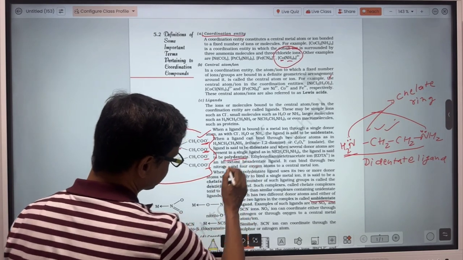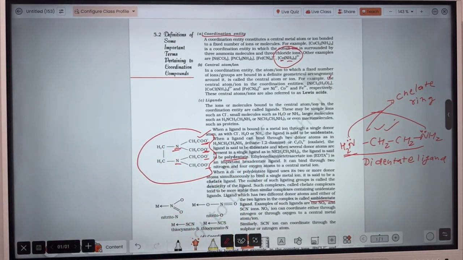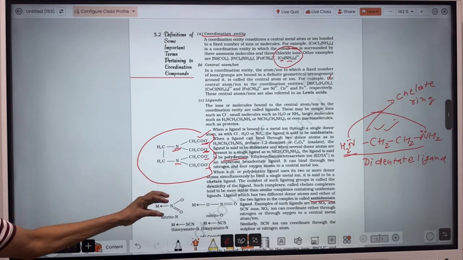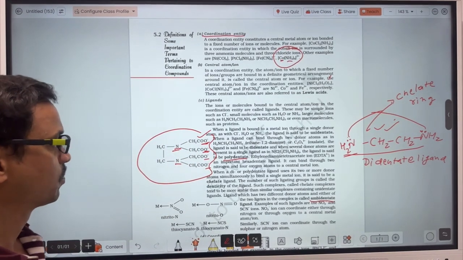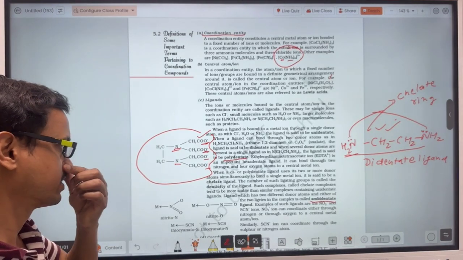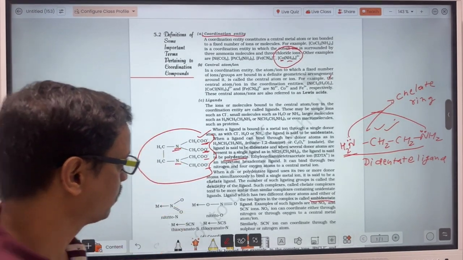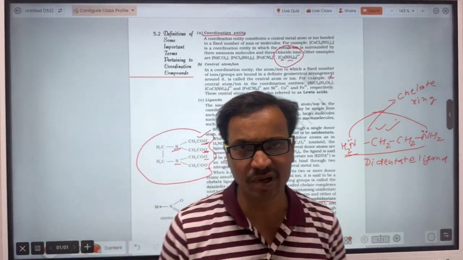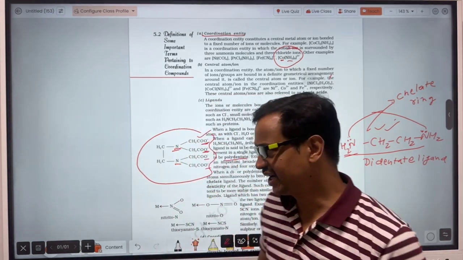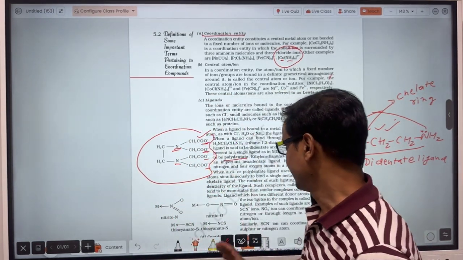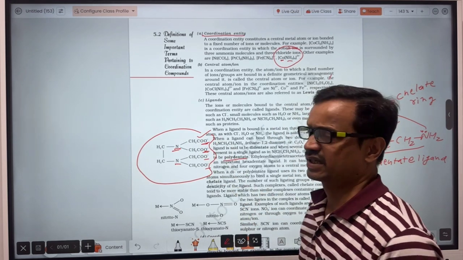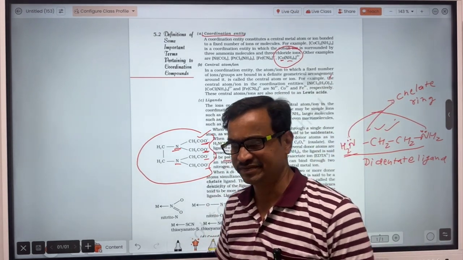Polydentate ligand means the ligand of which a number of atoms can donate their electron to the central atom and hence can do covalent bond formation.